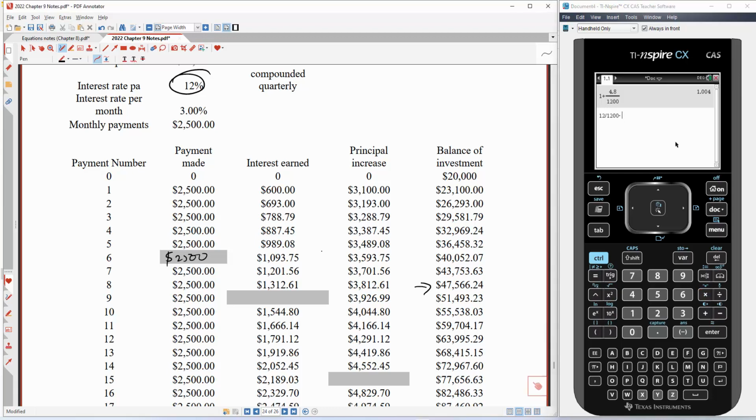So 47,556.24, and I'm expecting somewhere in the vicinity of $1,400. Which is completely wrong. What have I done wrong there? 12% over 100 times 12.